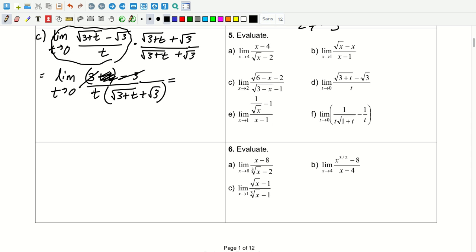So we can kill that off, and if we do that, we have to leave a 1 at the top. So in the end, I get the limit as t approaches 0 of 1 over square root of 3 plus t plus root of 3. And then I can easily just plug in 0. No problem at all. So in the end, I will get 1 over root 3 plus root 3, and that's 2 root 3.